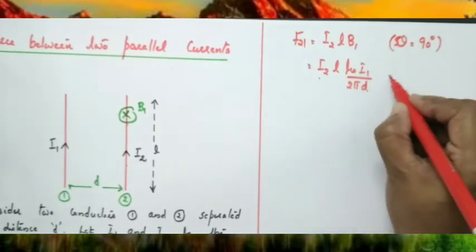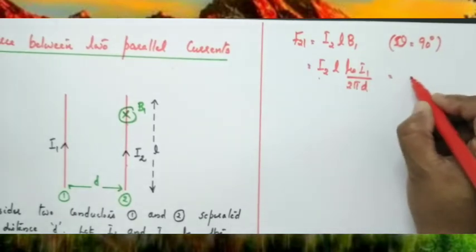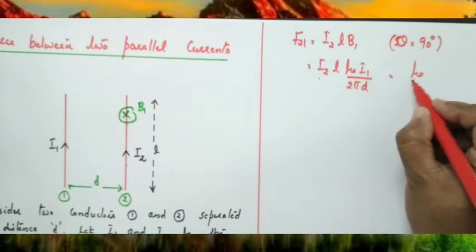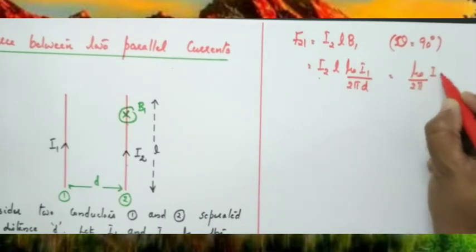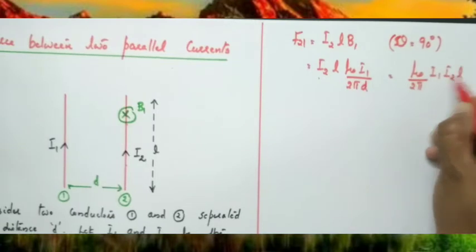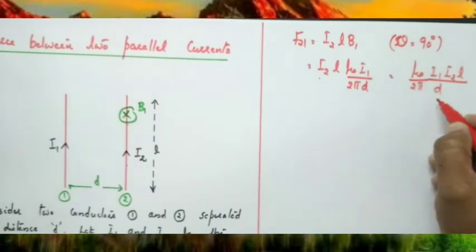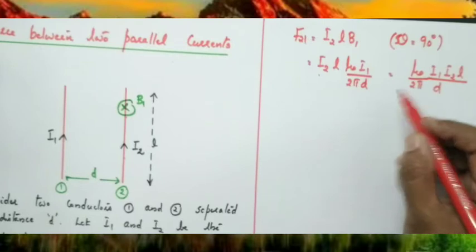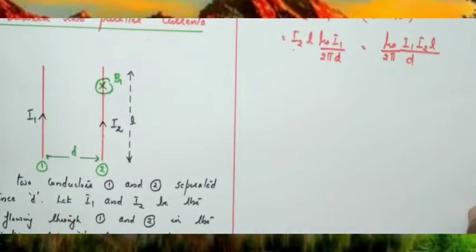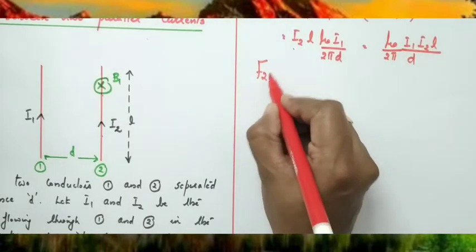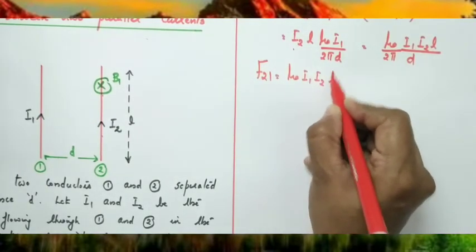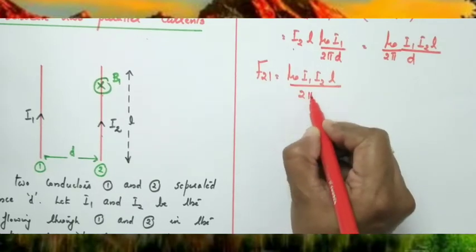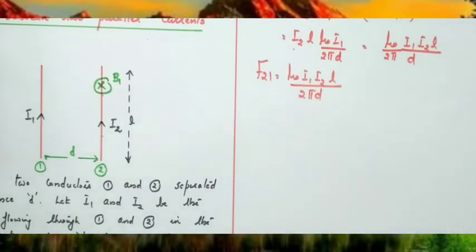Substituting, we can write mu 0 by 2 pi into I1 I2 L divided by d. So the formula for the force acting on the second conductor due to the magnetic field provided by the first is F21 equal to mu 0 I1 I2 L divided by 2 pi d.